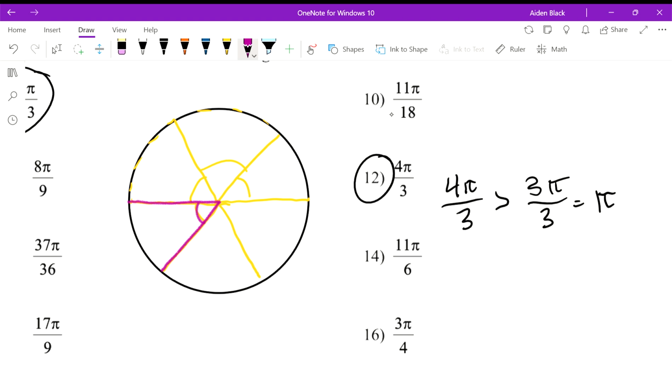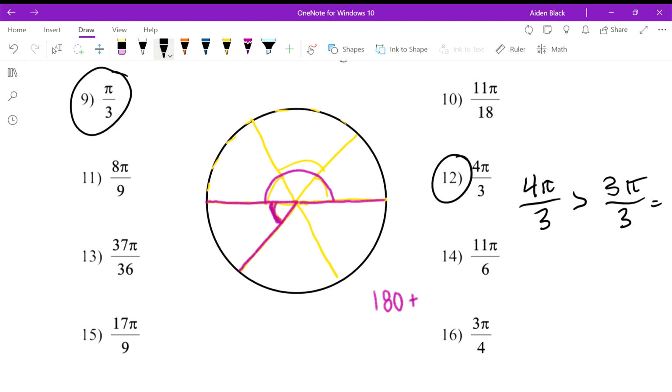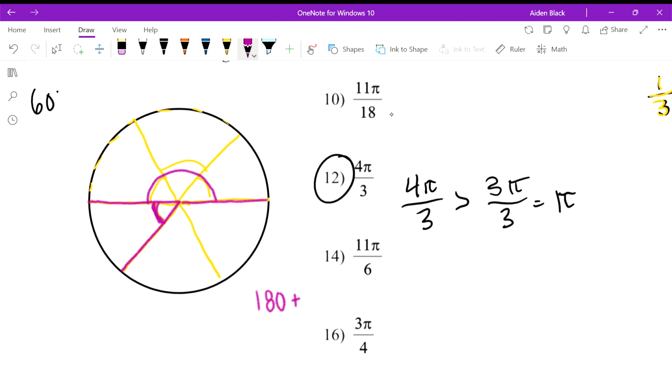So you can think of it as 3 pi thirds, or 180 degrees, plus another pi thirds, which we already said pi thirds is 60 degrees. So this is another 60 degrees.